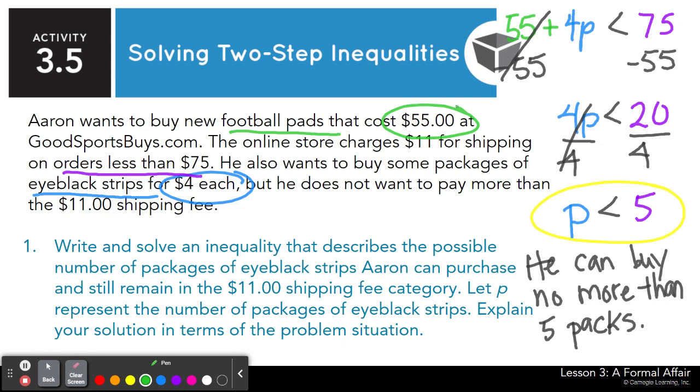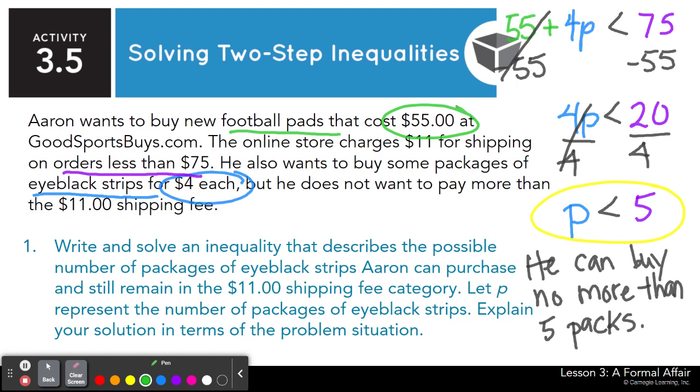When looking at my work, I want you to notice how I solved this 2-step inequality. I solved it using the same steps as I would solving a 2-step equation. The only difference is my sign is a less than sign. Also notice in this problem that my sign did not change.